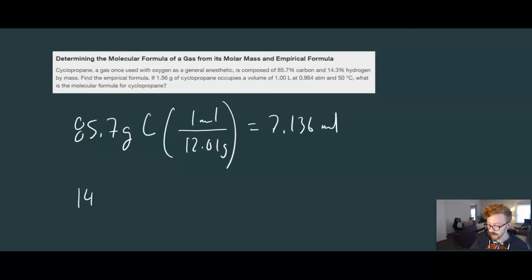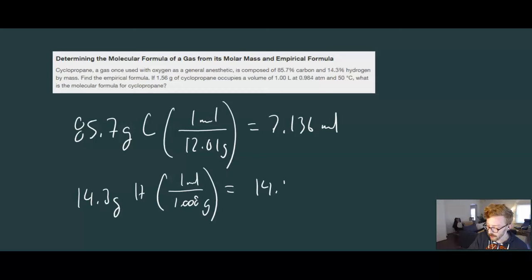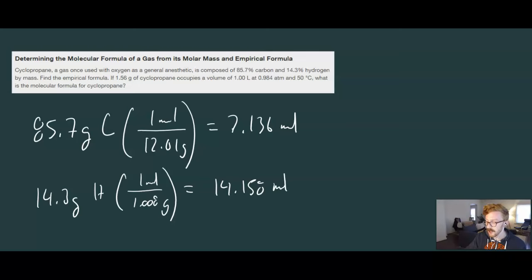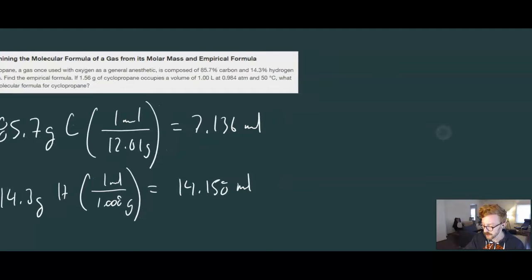We can do the same thing for hydrogen, grams per 1 mole, and that gives us 14.158. If you normalize these two moles, dividing both by 7.136, what you'll see is that we have one carbon and two hydrogens for the empirical formula.